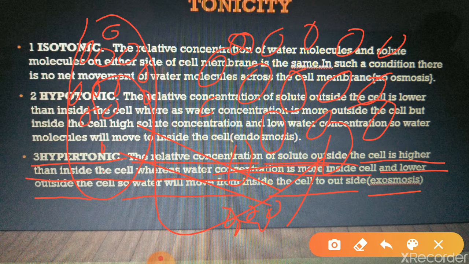But in the case of solute, inside the cell there is very little solute concentration, but outside the cell very high solute concentration. So water will show the tendency to move from higher concentration to lower concentration. This condition of the solution we call hypertonic.